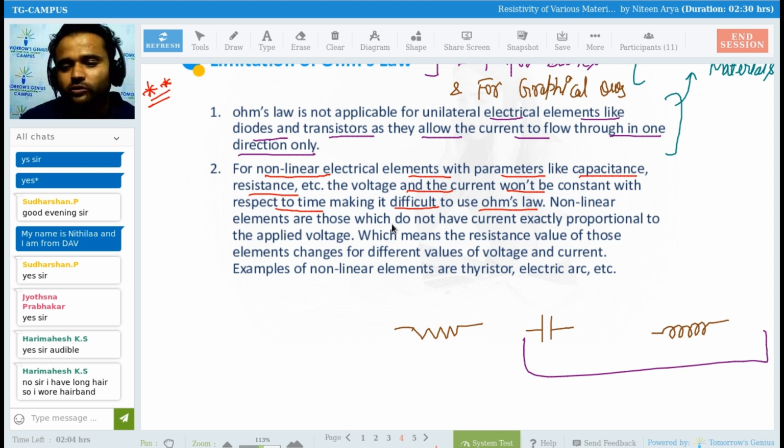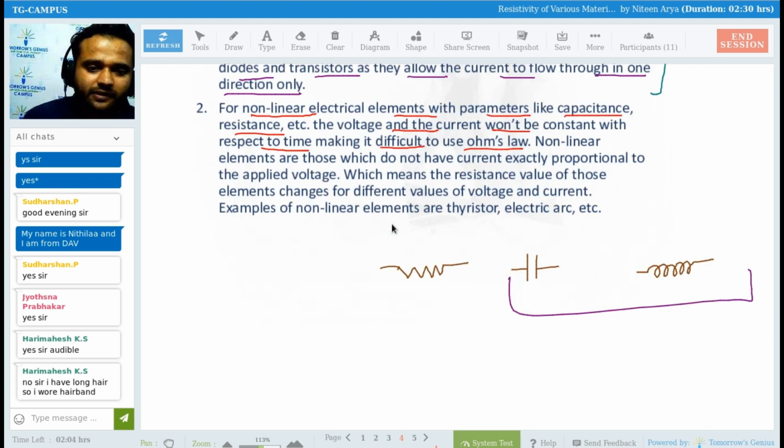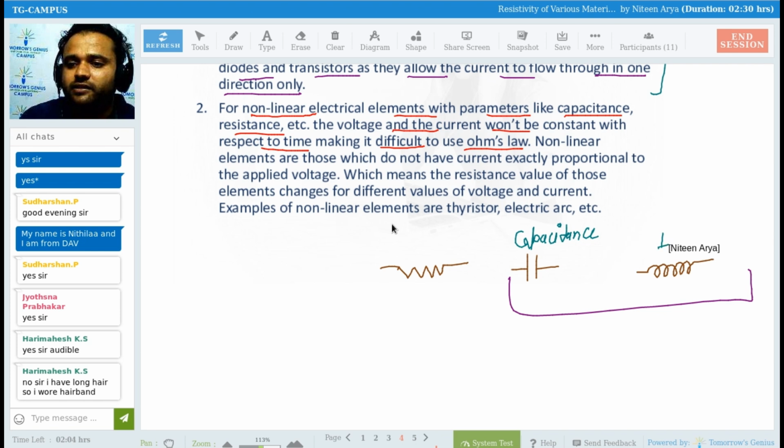So when they are dependent on time, they represent some exponential graph or non-linear graph in general. Okay, let me write it down. This is your capacitance, and that is your inductance or inductor in general.